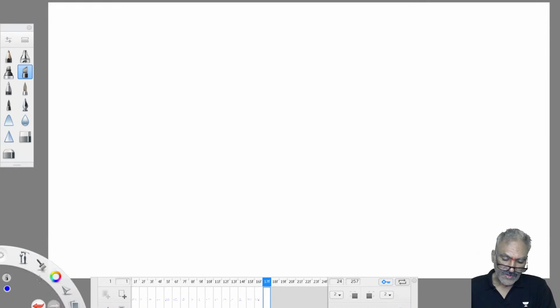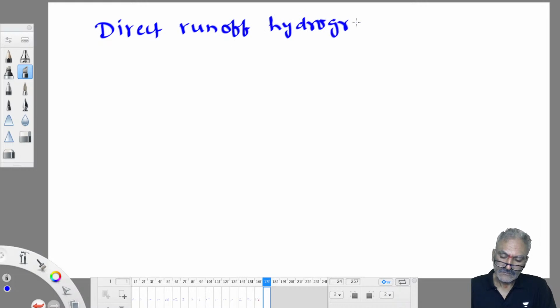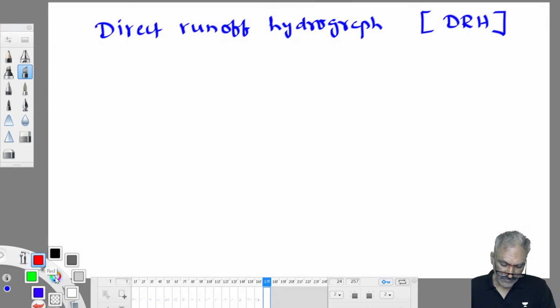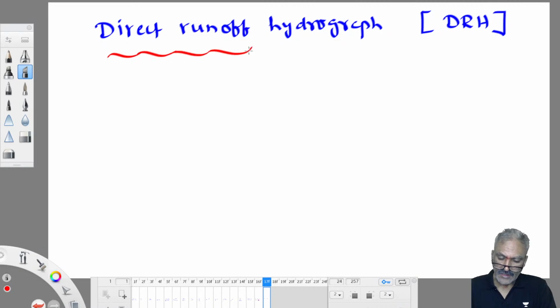So once you separate base flow from the total runoff hydrograph, the hydrograph that we obtain is called the direct runoff hydrograph. We call it DRH, the shortcut for direct runoff hydrograph.